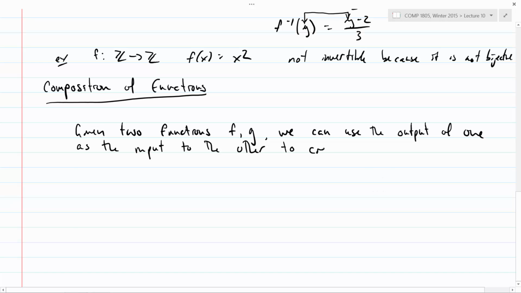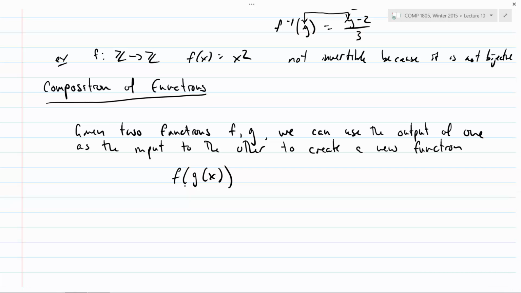So to create a new function, the function looks like this. It looks like f of g of x. First you do g, get an answer, and then you put that answer into f, and then you get your final answer. There's shorthand notation for this, but I'll get to that in a second.